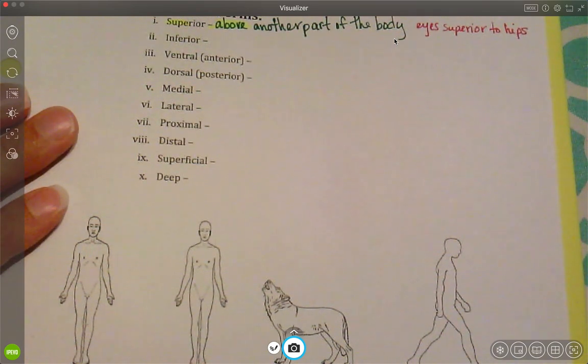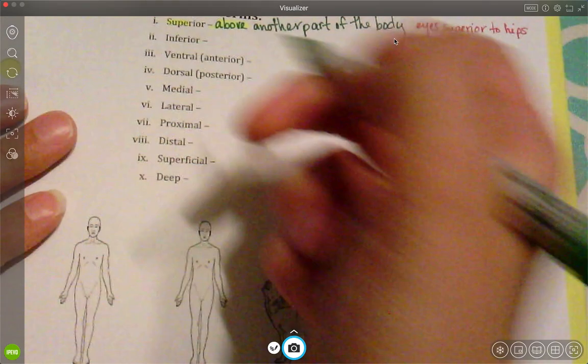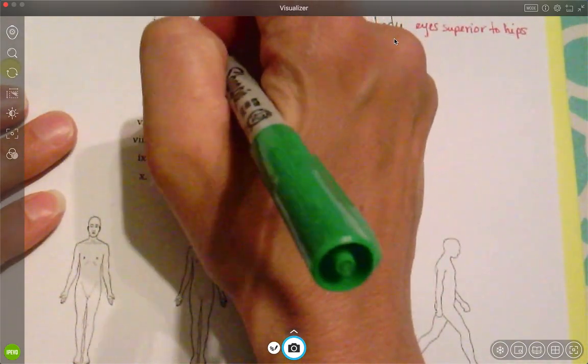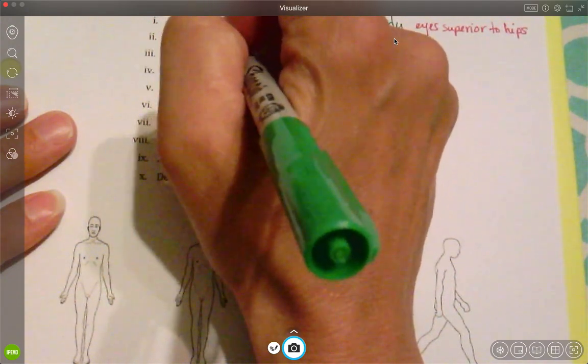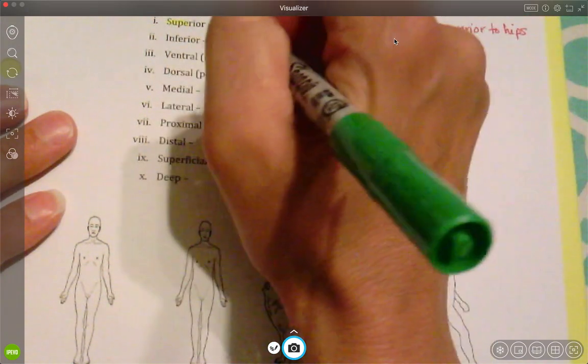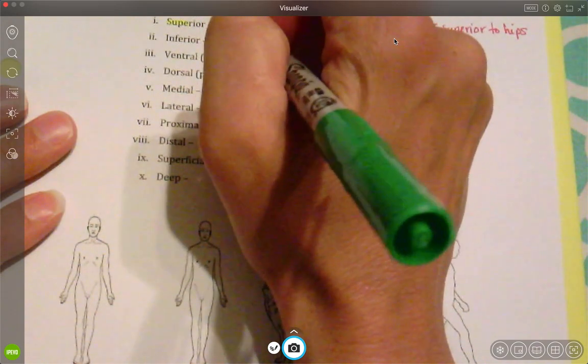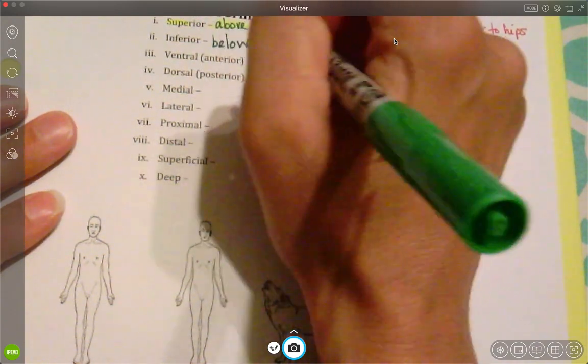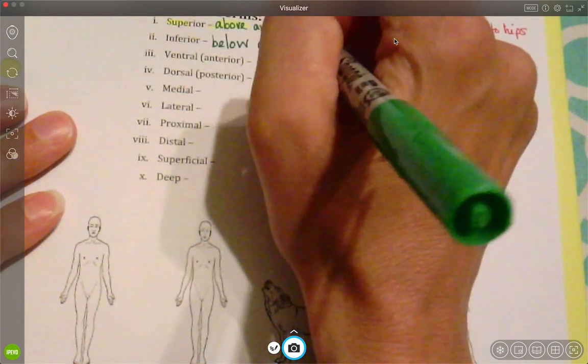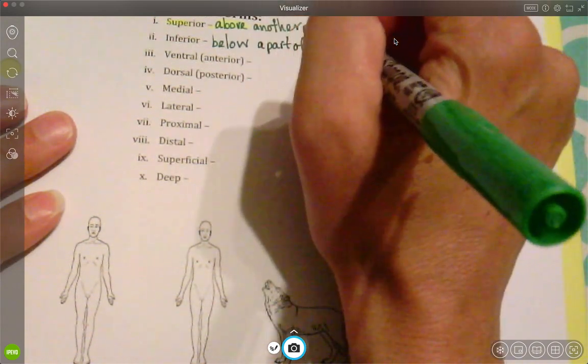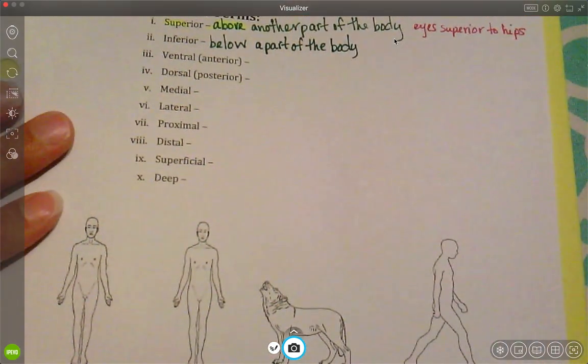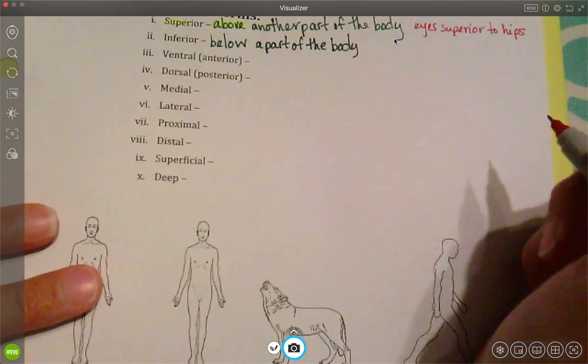All right, let's do the next one. The next one is inferior. So we said inferior means below or under. So we would say inferior is below a part of the body. So again, let's write an example down.